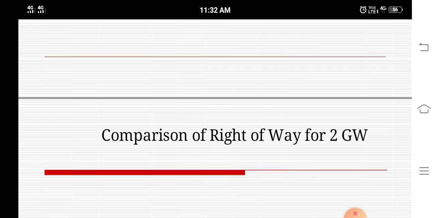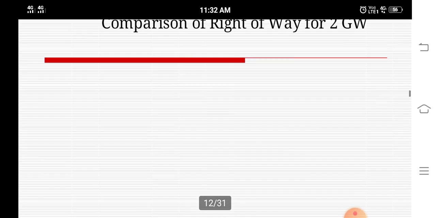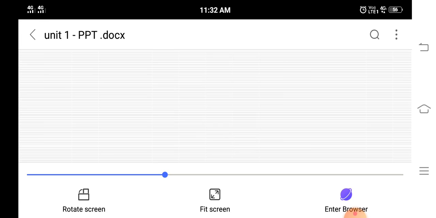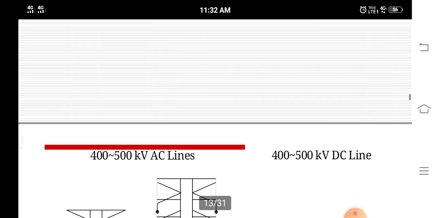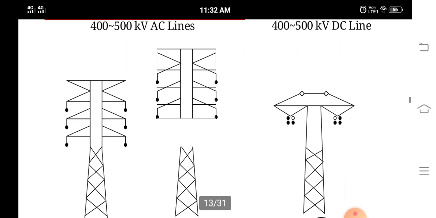Then this is one example of comparison for 2 gigawatt. This is a transmission line picture. This picture shows the DC link, converter station, converter unit, converter transformer, filters, reactive power source, smoothing reactor, DC switching.